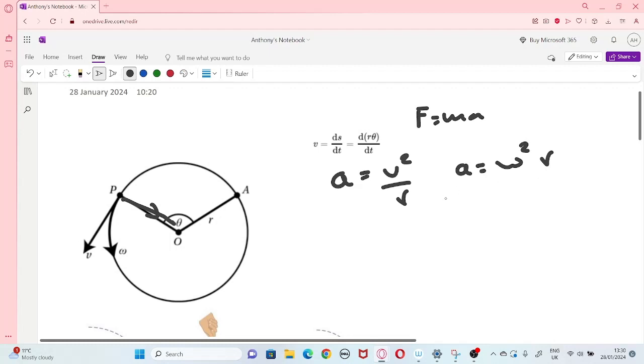Now if you equate these two accelerations together, we get v is equal to angular velocity times the radius. And we can also plug any of these accelerations into our resultant force equation to get F is equal to mv squared over r, which is equal to m omega squared r. So these are the equations that you'll basically use for circular motion.